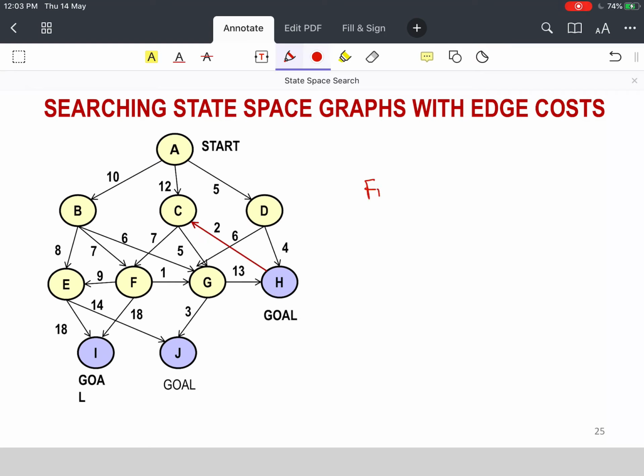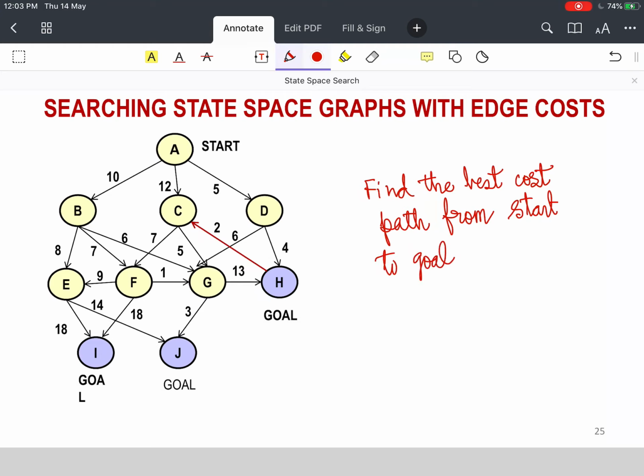So our goal will now be to find the best cost path from start to goal in the implicit graph.